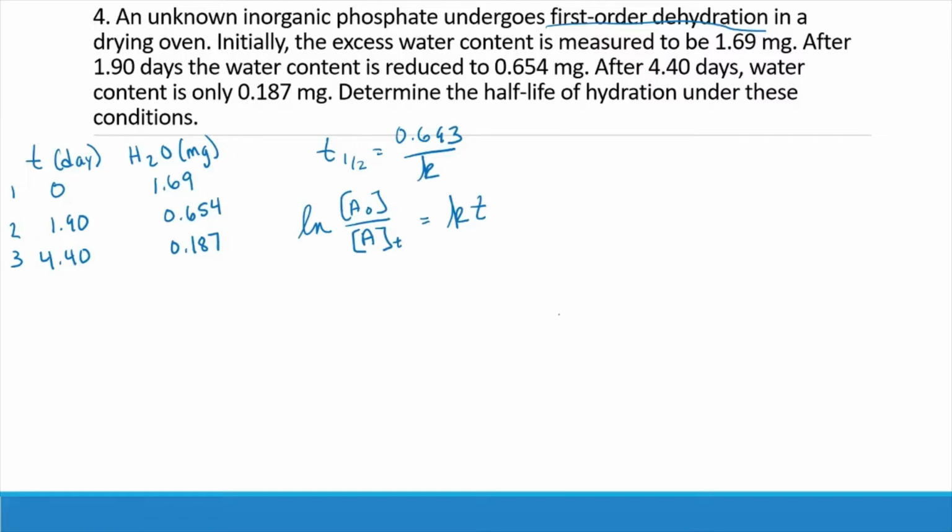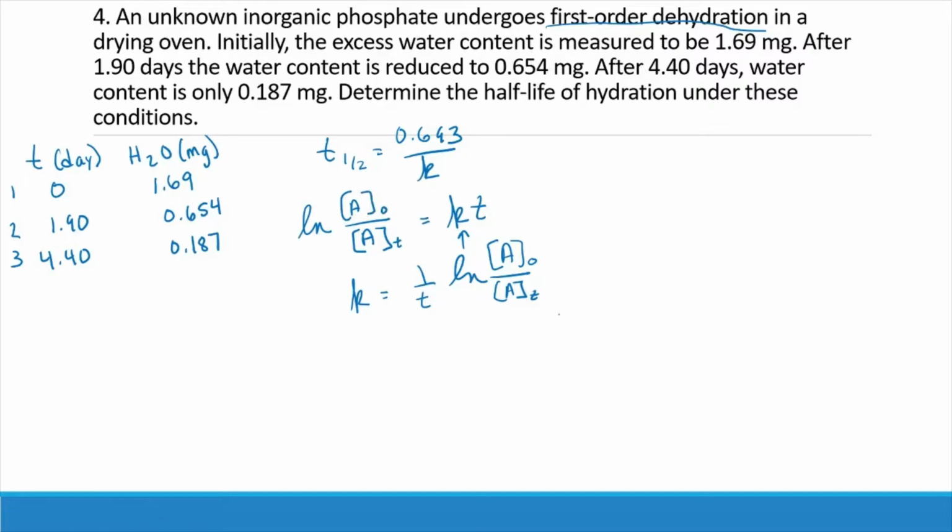And then we can reorganize this a little bit because we need to solve for k here. So k is equal to 1/t times the natural log of A0 over At.